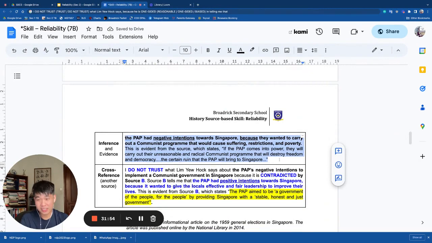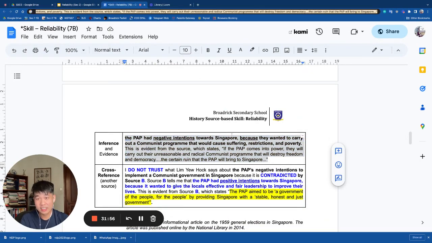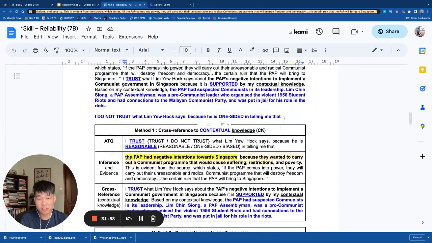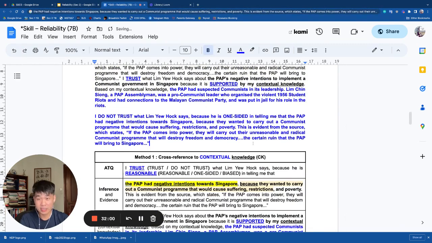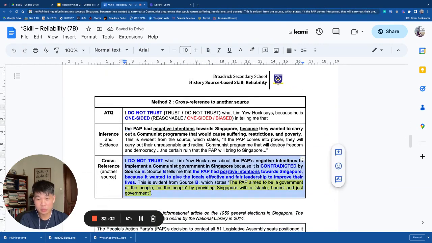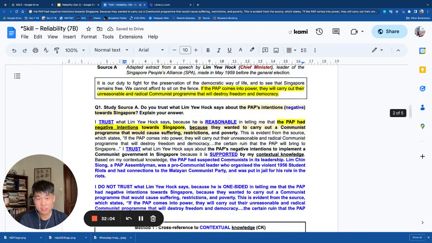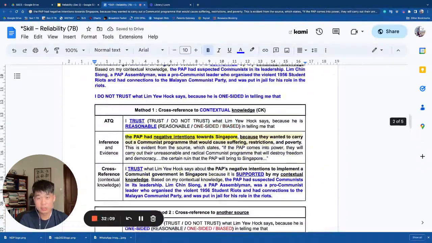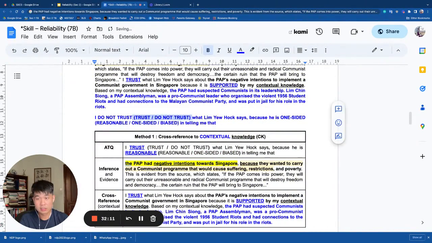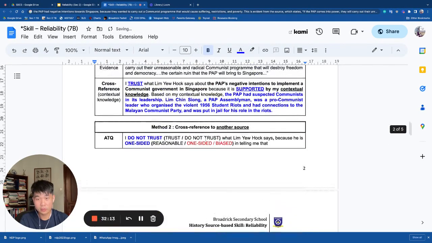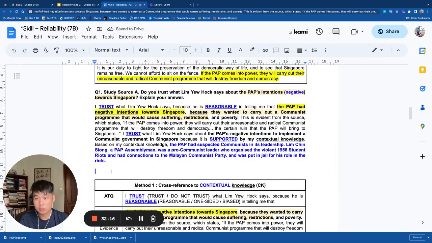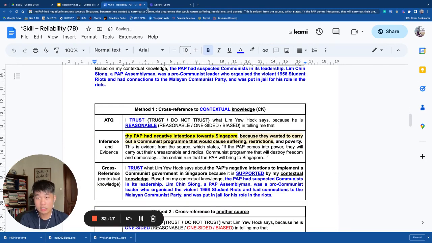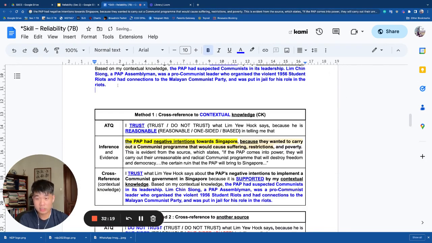Because the responses are in the notes in boxes, it means that it was not written by you, it was typed by me. But in fact, who has to do the learning? It's you.